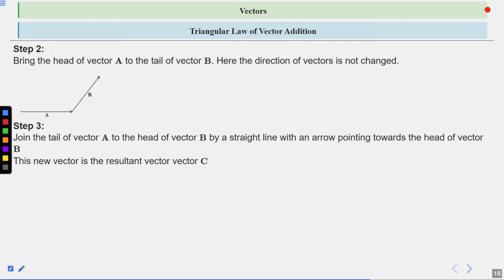So the new vector is the resultant vector, and that is vector C. So the resultant vector is A vector plus B vector equals C vector. This is the clear representation of the triangle law of vector addition: vector A, vector B, and the resultant vector C.